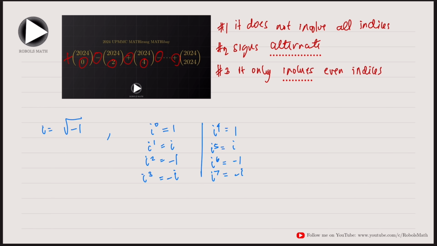So how does this help us? Let's say we substitute x equals i. We will get here (1 plus i) raised to the 2024 power is equal to 2024 taken 0 plus 2024 taken 1 times i to the 1.